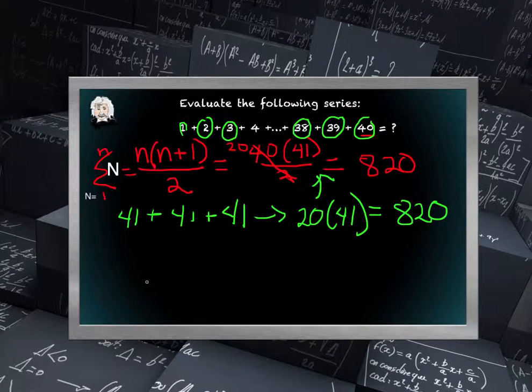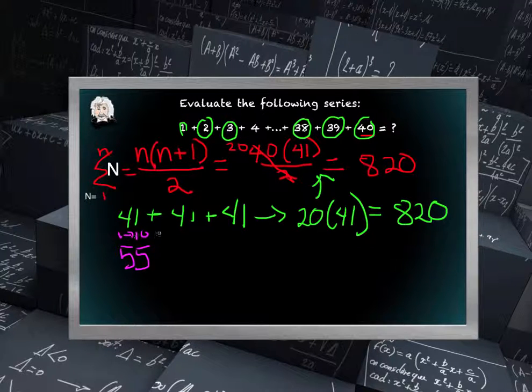Strictly logic or reasoning. Another approach might be to add up the first 10 digits, 1 to 10, which you could do in the allotted time, and that adds up to 55.